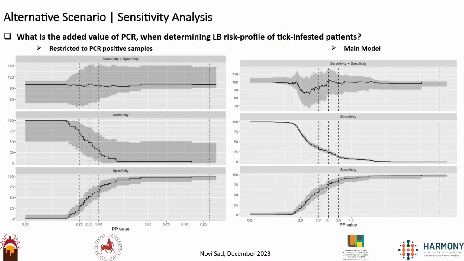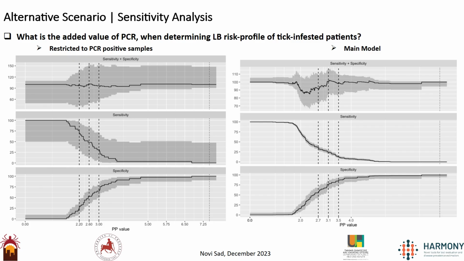If you recall at the beginning, we had 44 individuals whose tick tested positive by PCR. So we ran the same model only on these 44 individuals. And as expected, I'm showing the results for the scrotal index in nymphs. We had a decrease in the optimal threshold from 3.1 previously to 2.6.